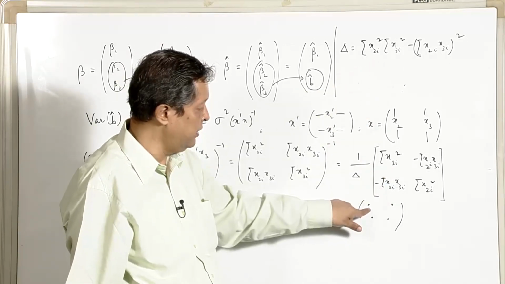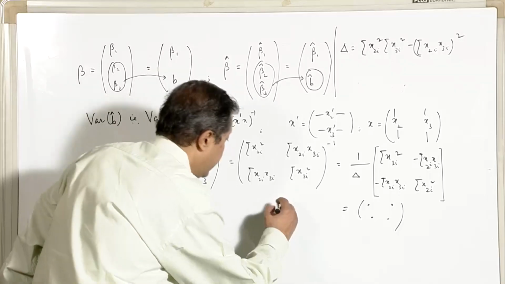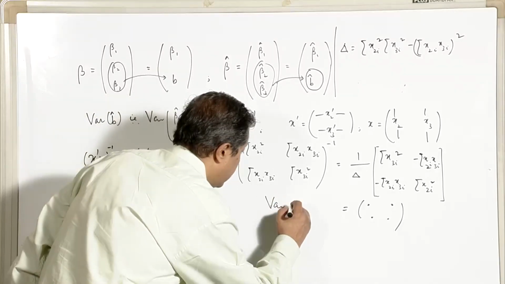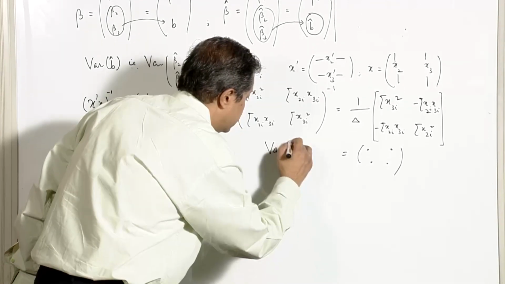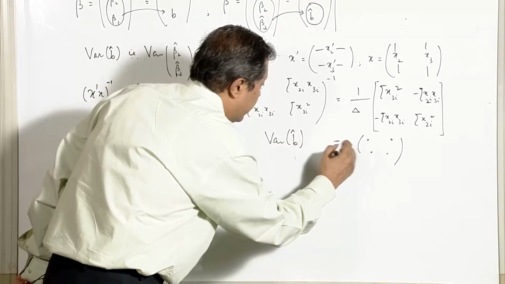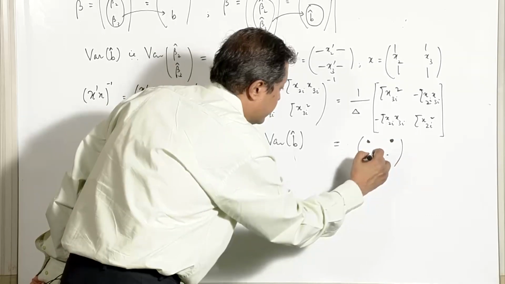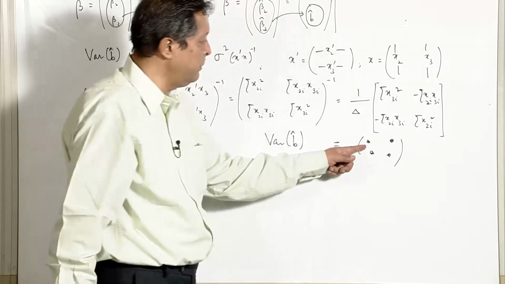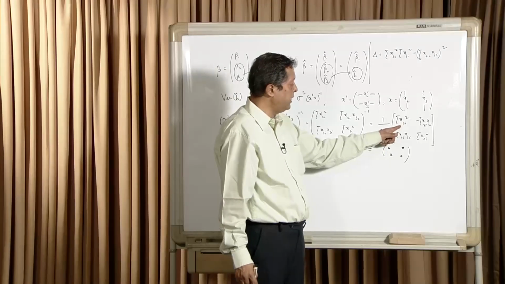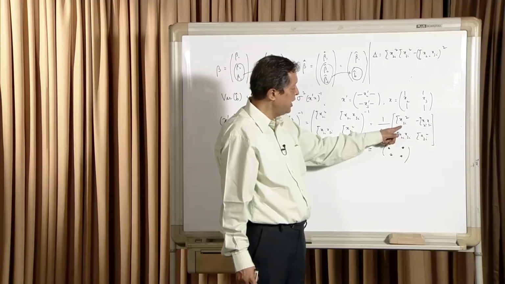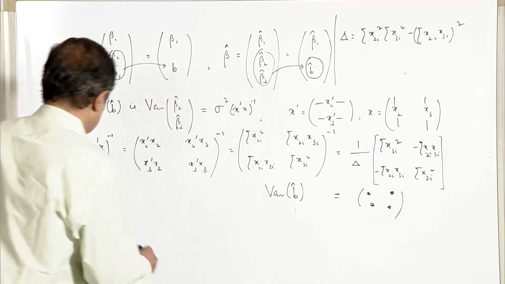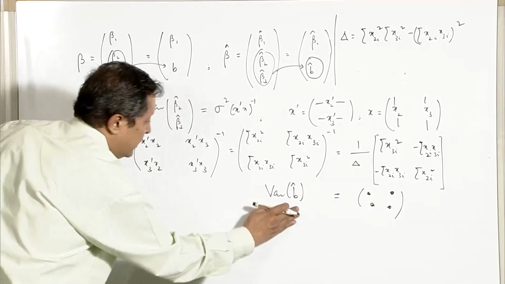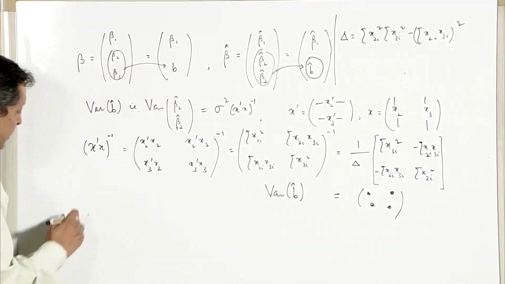The first term is the variance. So, variance of b hat is given by this matrix which has 4 elements. What is the first element? Sigma square into summation x3i square divided by delta, but that we will find in a moment will come out to be exactly the expression that we have seen earlier.